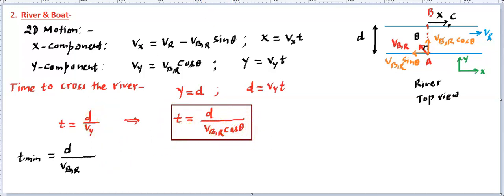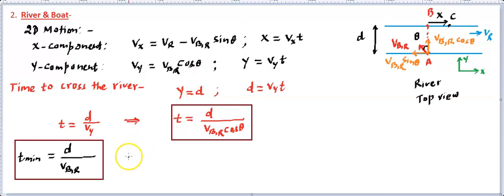So you'll find whatever I have written is the formula for t minimum. So if sometimes a question asks for the minimum time to cross the river, this is the minimum time: you divide the width by the velocity of the boat with respect to the river, and you get the minimum time. And also you can find at what angle one should start sailing the boat.